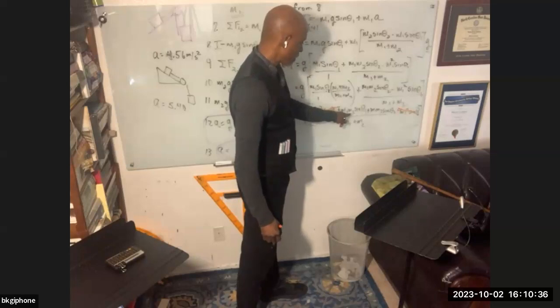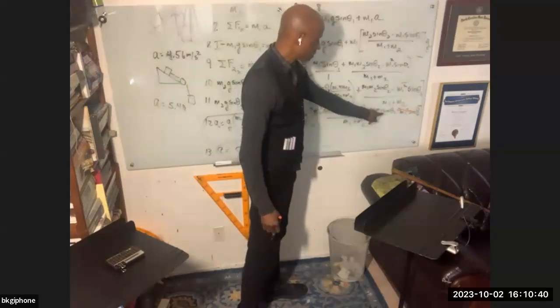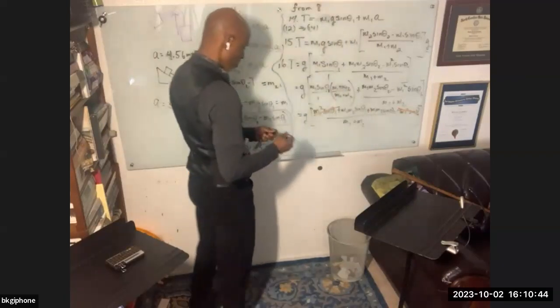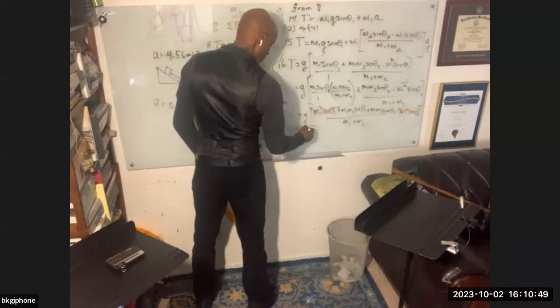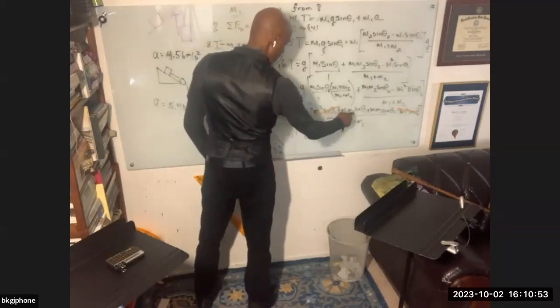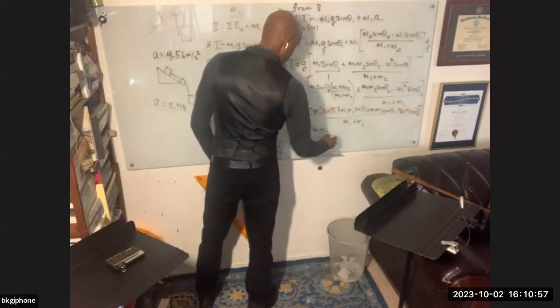M1 times M2 sine theta 1 plus M1 times M2 sine theta 2. I can factor out the M1 M2. Almost done. T equals G times, factoring out the M1 M2, over M1 plus M2.